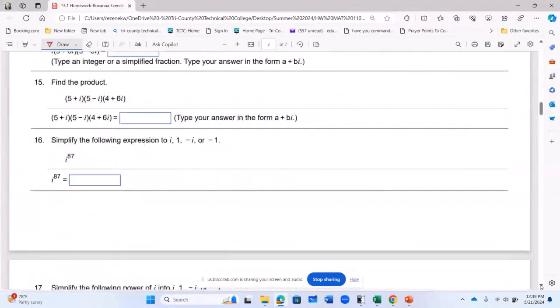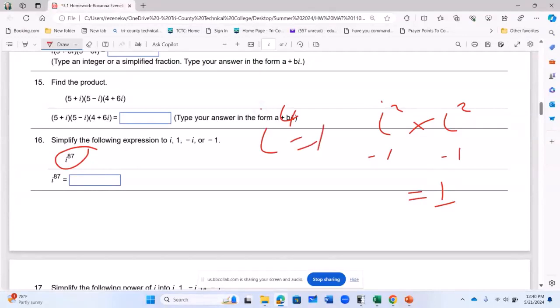If you are given powers of i, you already know that i squared is -1. So i squared times i squared is i to the 4th. -1 times -1 is +1. Therefore, i to the 4th is equal to 1.